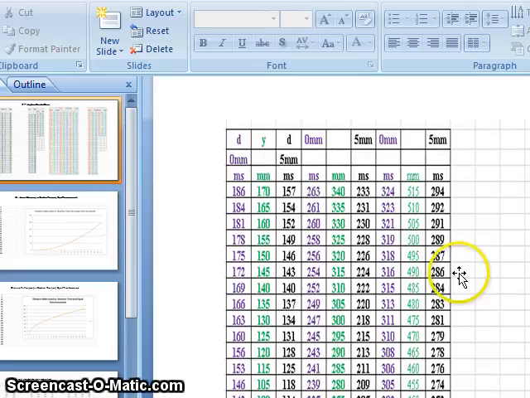We have distance d from 0 millimeter to 5 millimeter, and on the side we have 10 millimeter and then 20 millimeter.